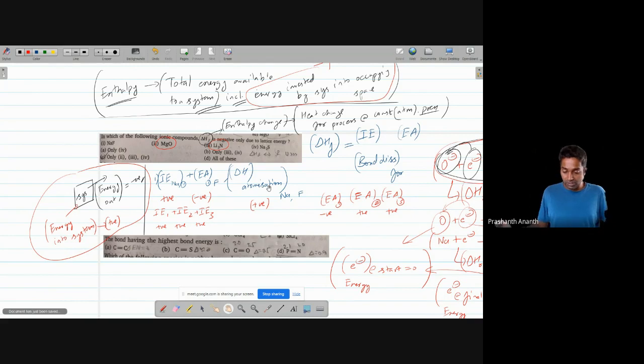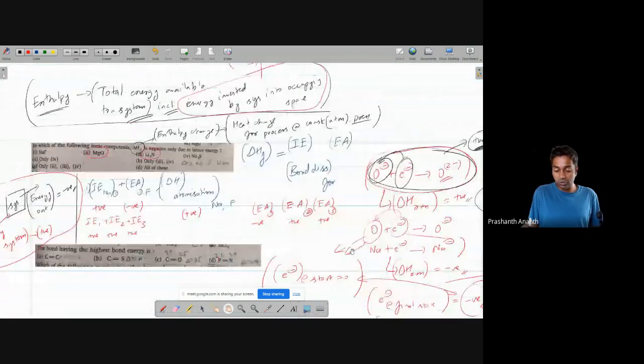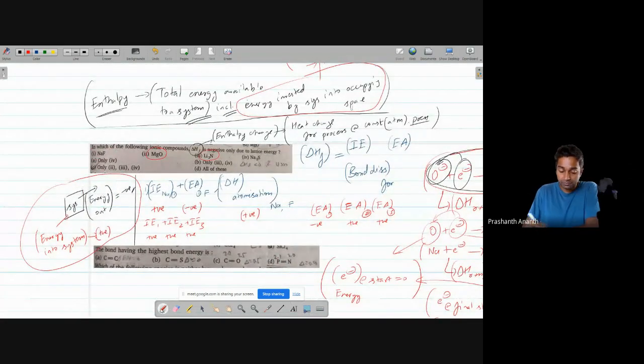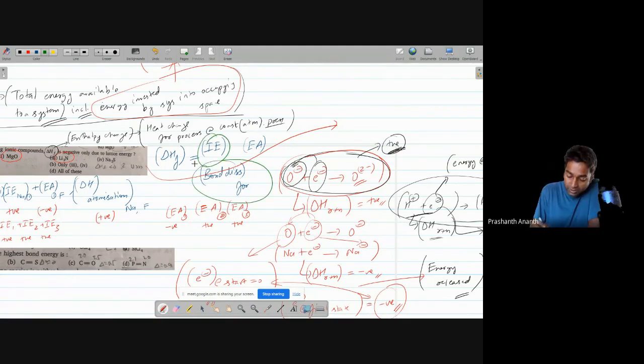Simply because the question is always going to be having two things which are negative. What are the two negative things in all of these? In all of these cases, whichever enthalpy of formation we are considering, we have IE, which is always positive. Any bond dissociation is always positive.